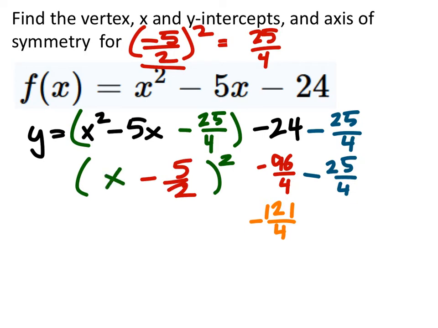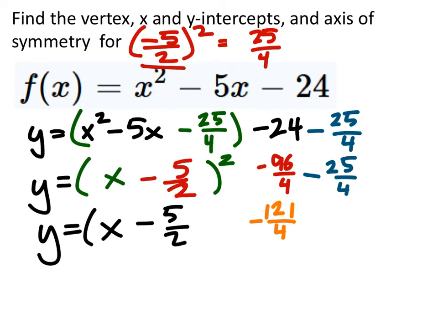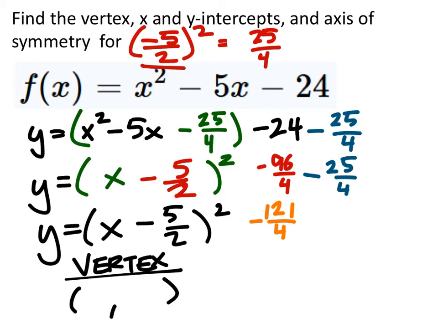And it's just x minus 5 halves, which is squared. So y equals x minus 5 halves squared minus 121 fourths. Again, this was just to help us find the vertex, which we can see is at 5/2, and then also the k value at negative 121/4.